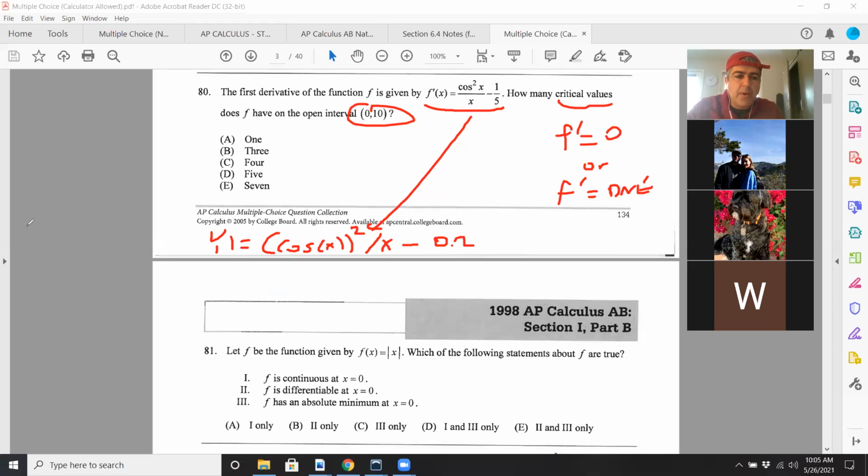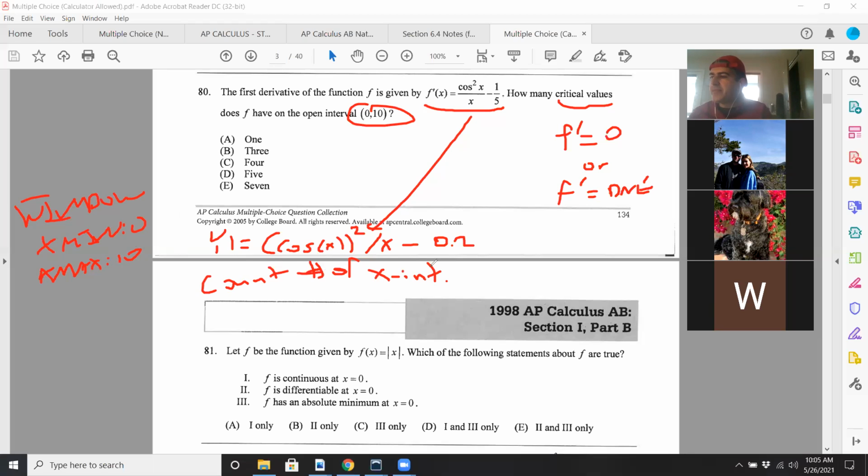And by the way, you're probably going to want to go to Window, make your x-min 0, make your x-max 10. And then you want to count the number of x-intercepts. So go and try that and tell me what you guys got.